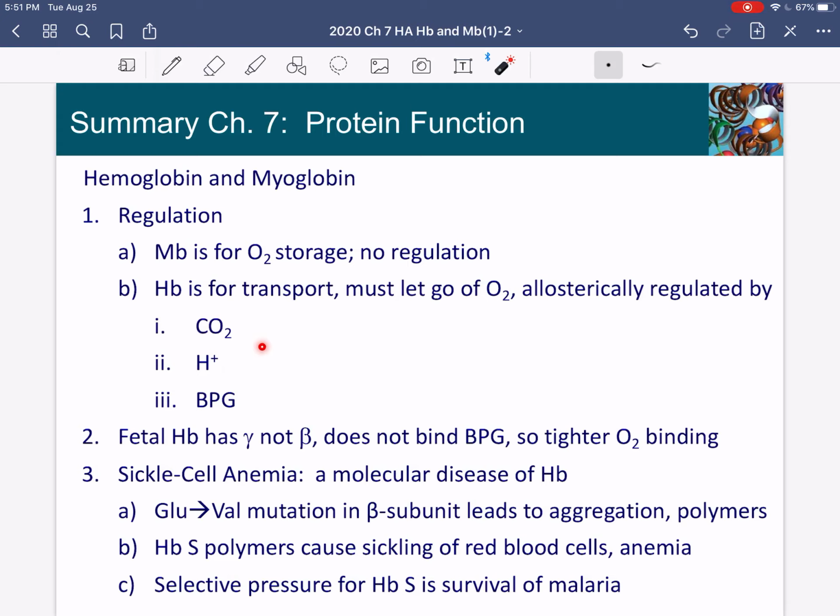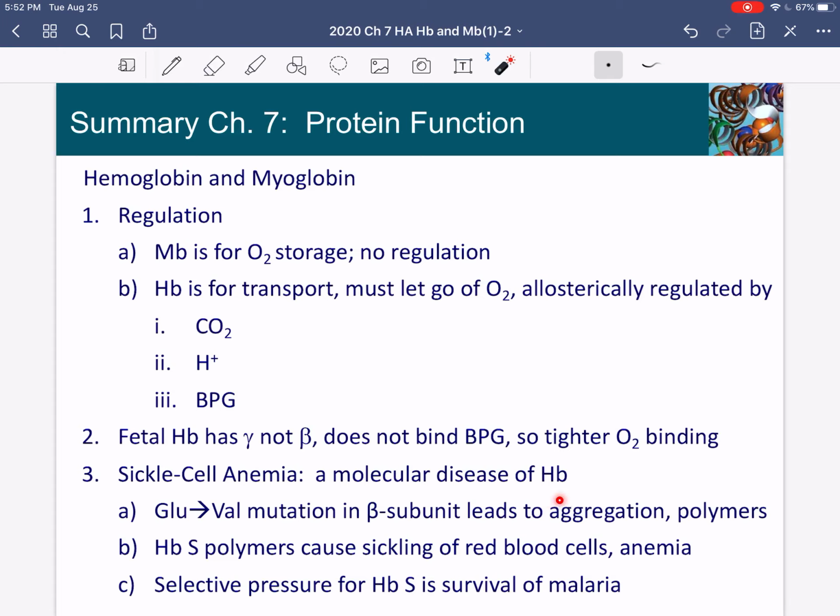These are connected by the Bohr effect and the 2,3-BPG that we talked about. Fetal hemoglobin has the gamma subunit and not the beta subunits, and so it doesn't bind to BPG very well, and therefore it has tighter binding to oxygen, higher affinity for oxygen, and it's able to pick up the oxygen across the placenta through gas transfer.